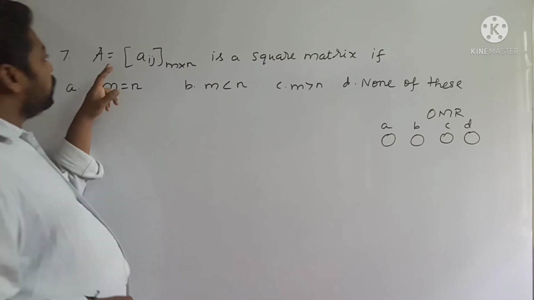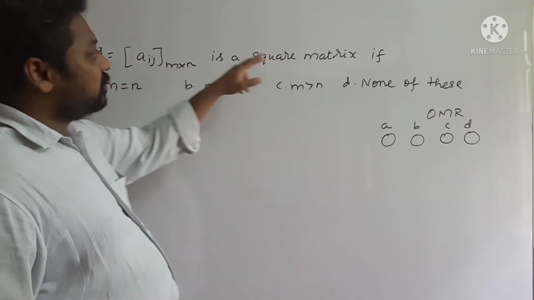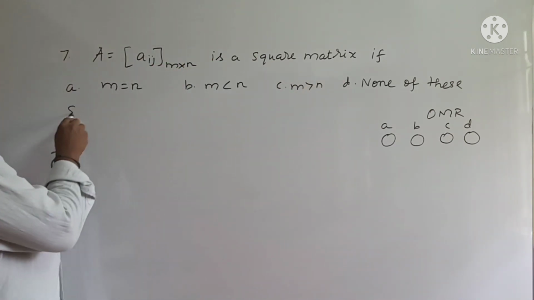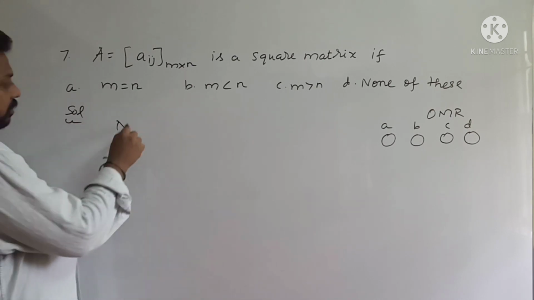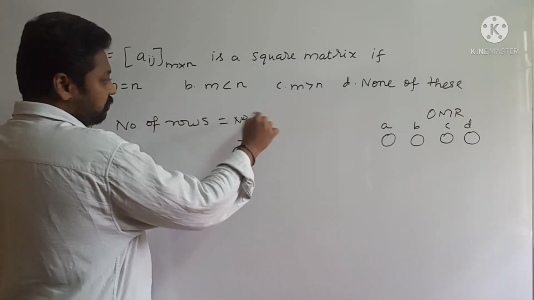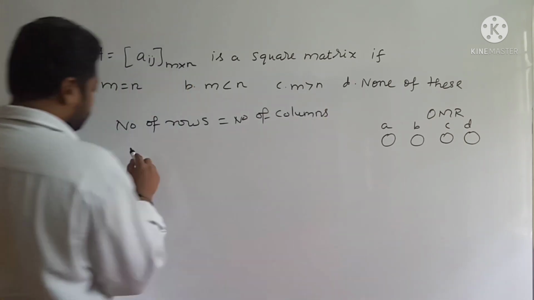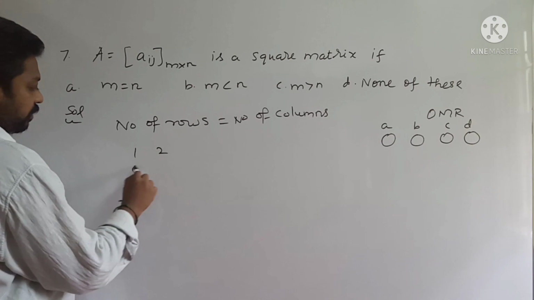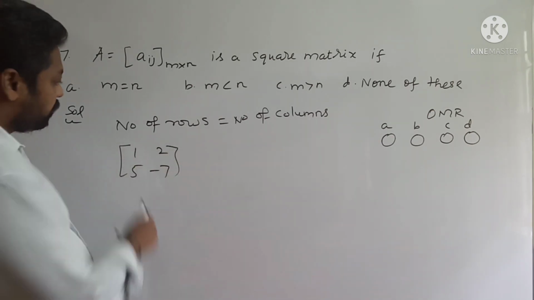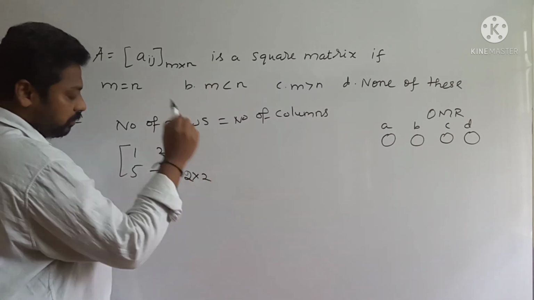Coming to the seventh one: A equal to [aij] of the order m by n is a square matrix if... We know what a square matrix is: the number of rows should be equal to the number of columns. Here, 1 2, 5 minus 7, is a square matrix because the number of rows is 2 and the number of columns is 2, so 2 by 2.